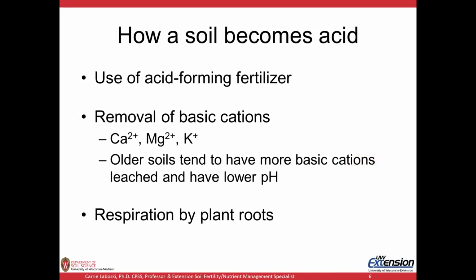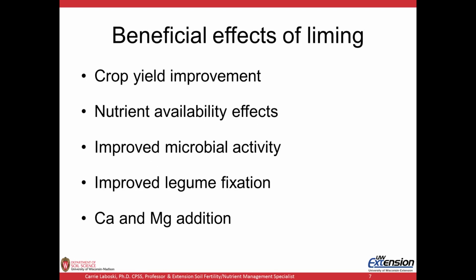So older soils tend to have more basic cations leached away and subsequently a lower pH. The third way soils can become acid is through respiration by plant roots, which acidifies the soil environment right around the root.